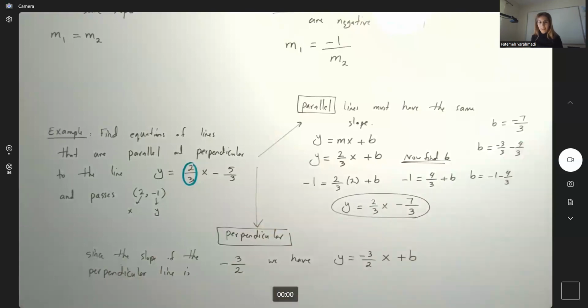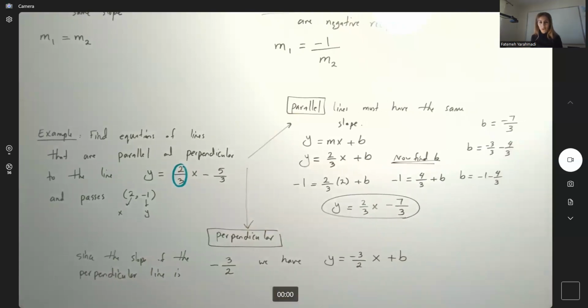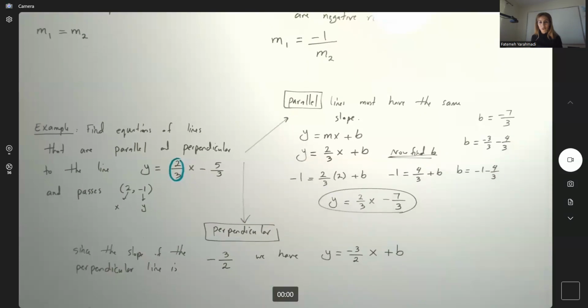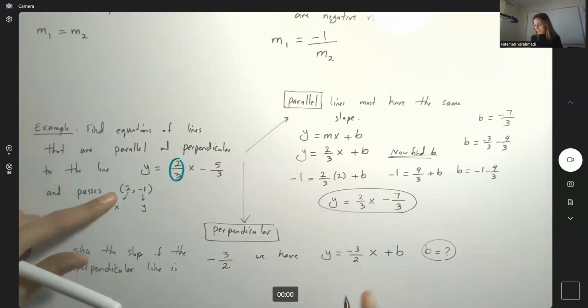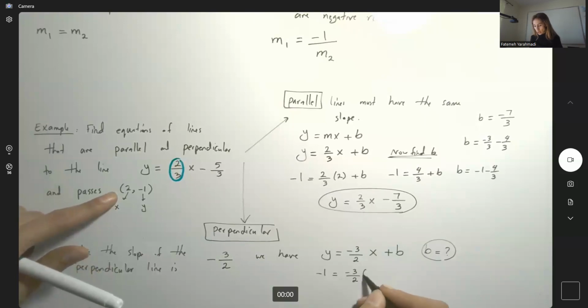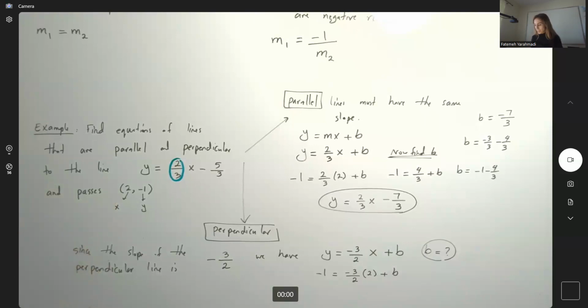The same process as you did before. Now you need to find the value for your b. What is b? We know that this point is on this line. -1 is equal to -3/2 times 2 plus b. So here you have -1 equals -3 plus b.